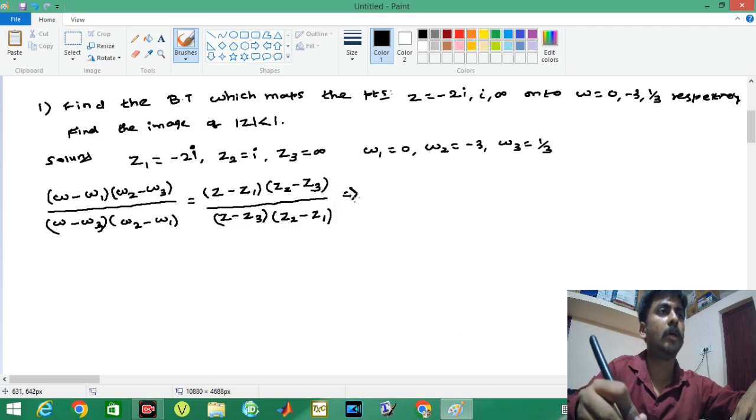Here the only point having infinity is z3, so we can do the following step.